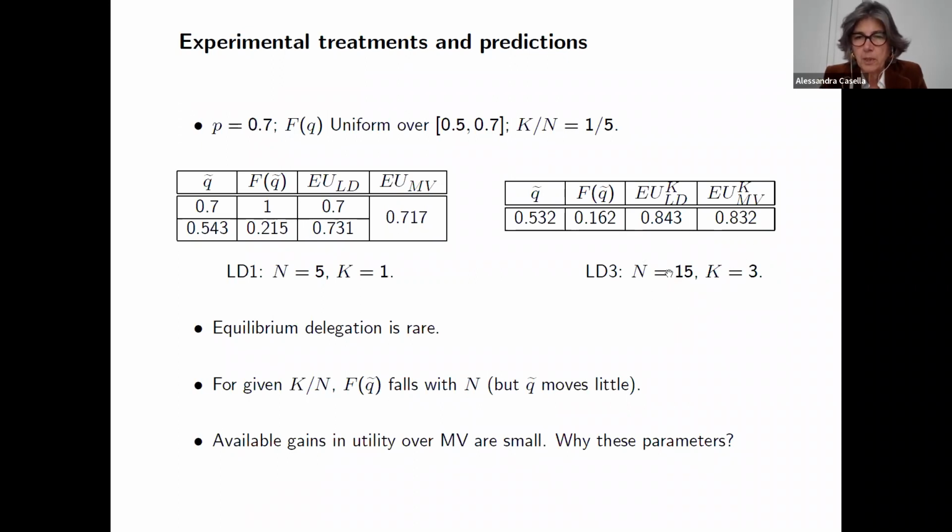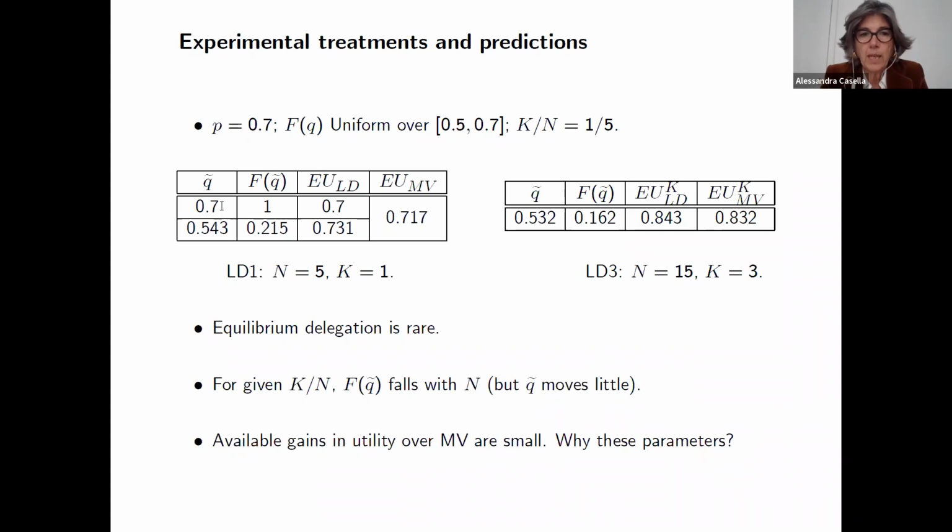We were interested in what happens when you have competition among the experts. With LD1, the number indexes the number of experts, so LD1 means 1 expert and the small group. You see that there are 2 equilibria.